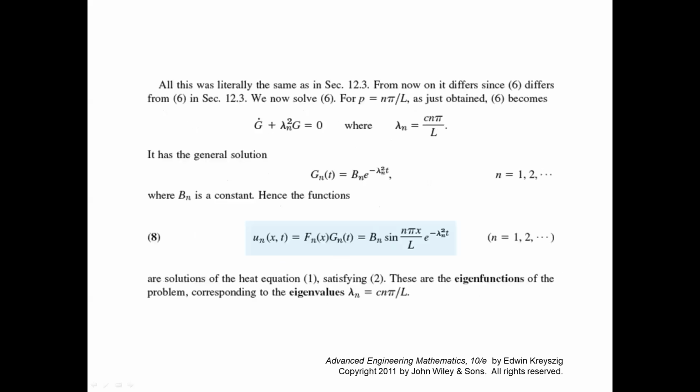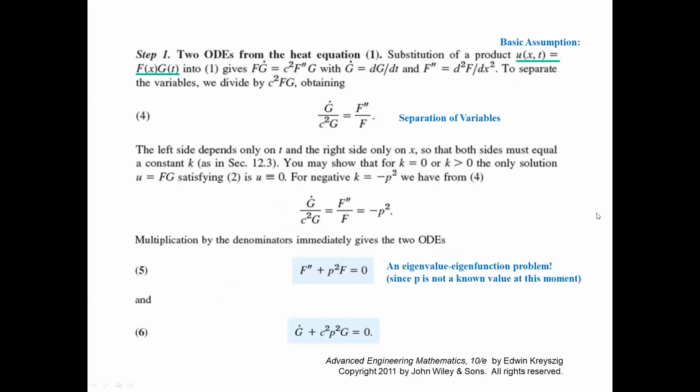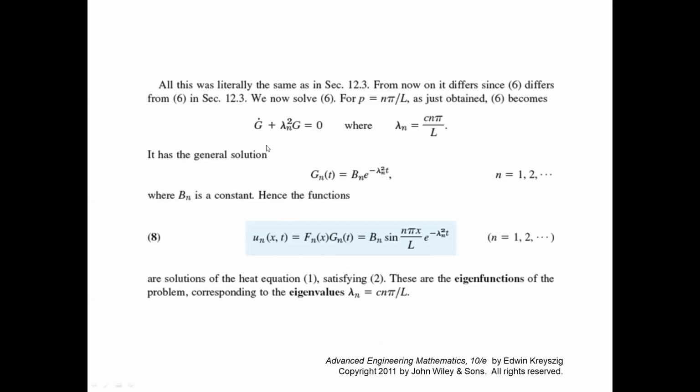Then we have to look at the G side. On the G side, the temperature side, the time side, the equation we saw earlier, at this moment, p is already known, so we can write this equation in this format.